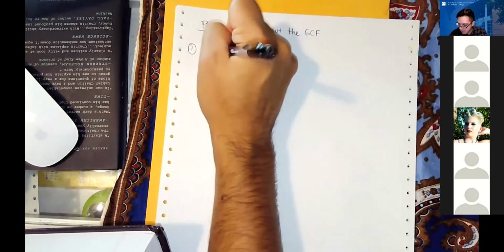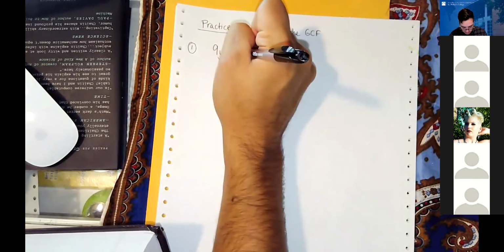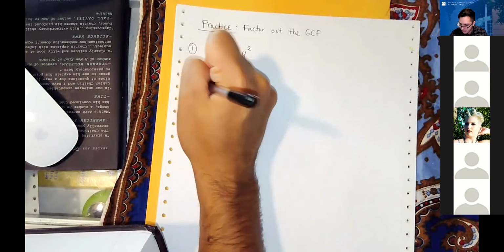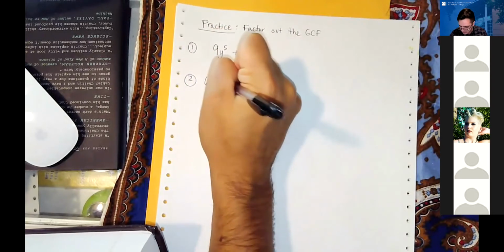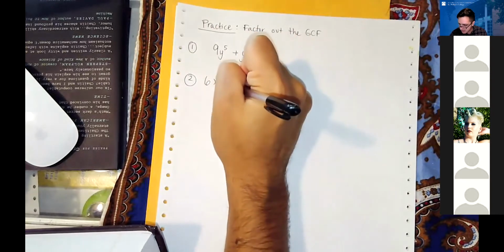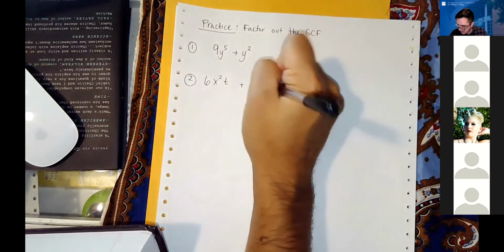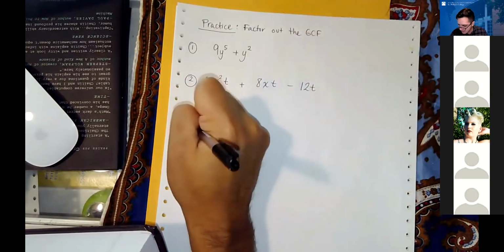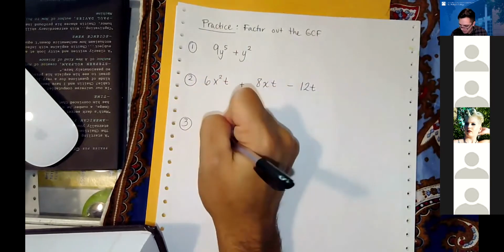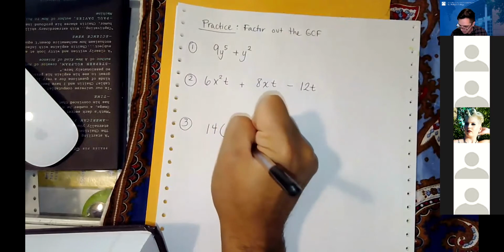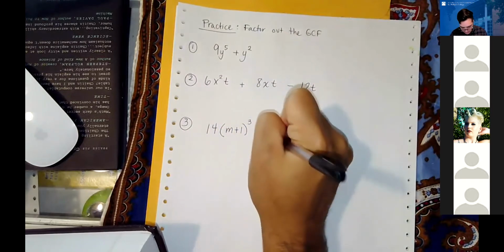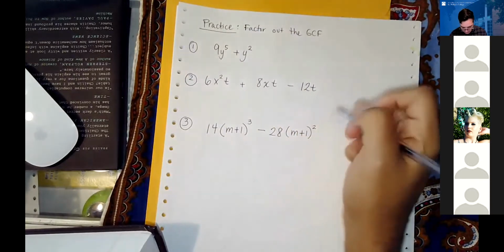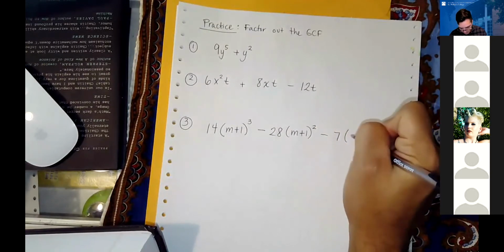Okay. 9y to the 5th plus y squared. 6x squared t plus 8xt minus 12t, and then the challenging ones. 14 times m plus 1 quantity cubed minus 28 times m plus 1 quantity squared minus 7 times m plus 1.